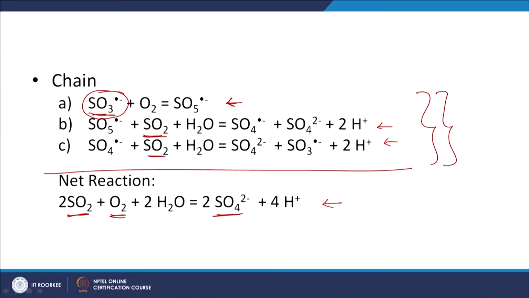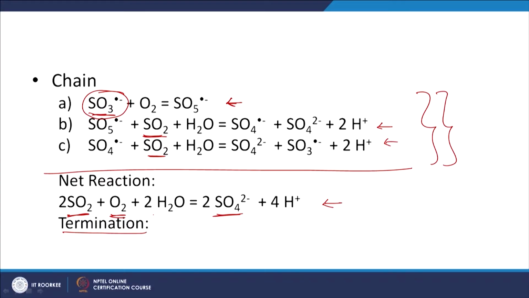But obviously, radicals are remarkably reactive, and there is going to be a quenching or scavenging reaction. Let us see what it is. The termination or quenching or scavenging reaction is the sulfite anion radical reacting with itself to form sulfate or sulfur dioxide, I guess, and this obviously happens when the concentrations of these radicals are relatively high, right.